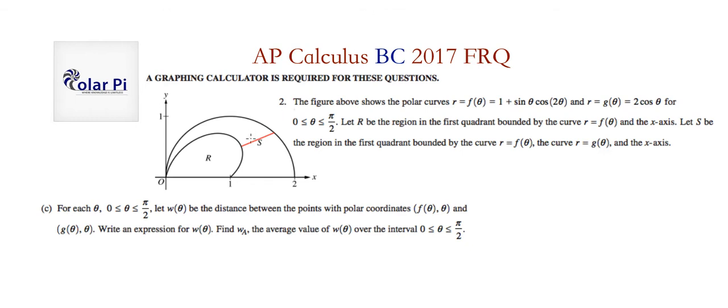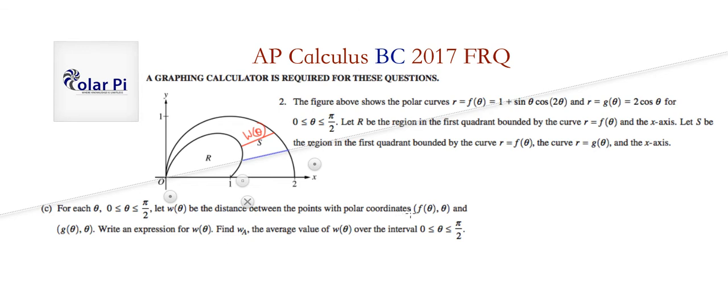Here, I've drawn one such W of theta. W of theta is represented by that segment. That's one of them, right? And of course, I could have done it over here, and W of theta would, in blue, be this. You fix a theta, and this theta and this theta are the same.